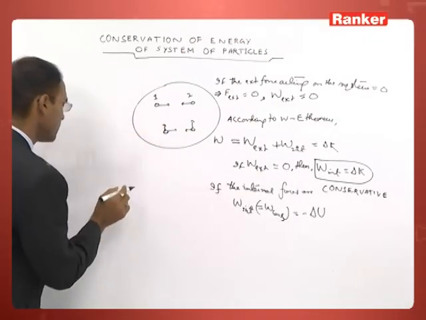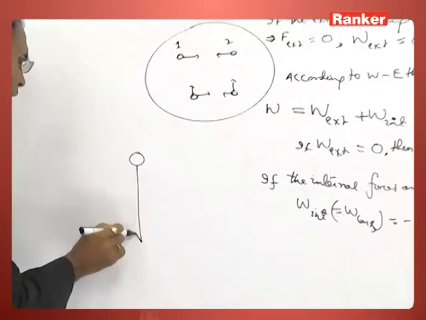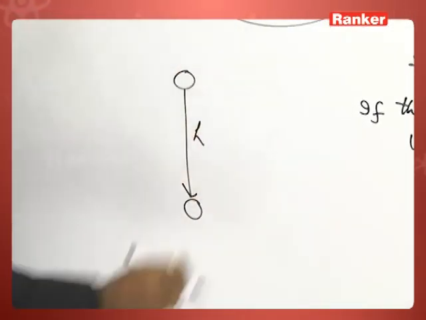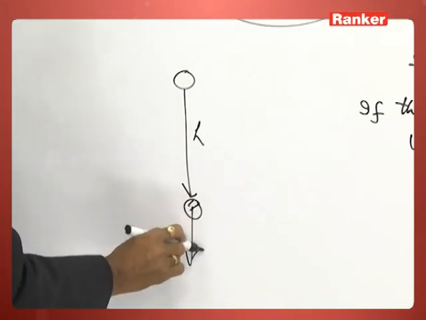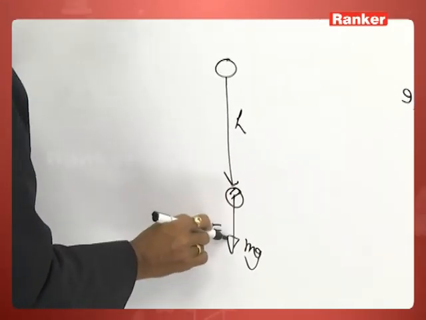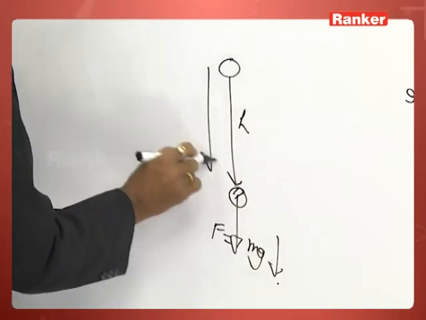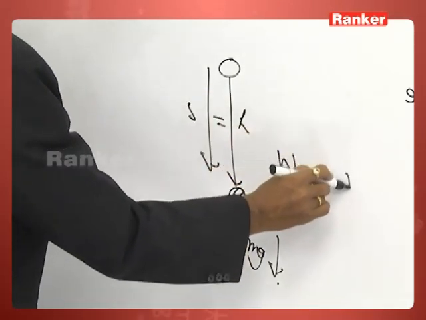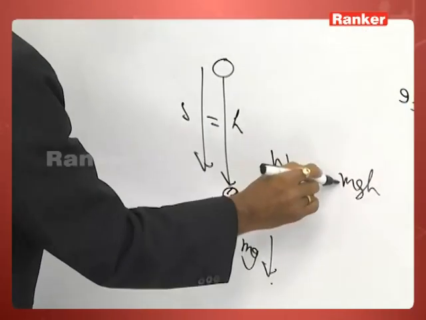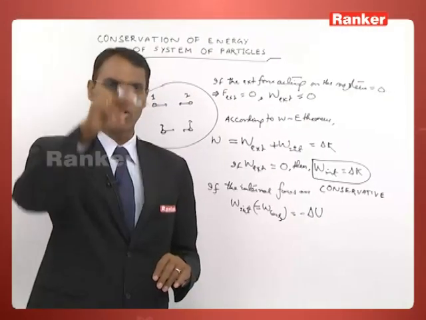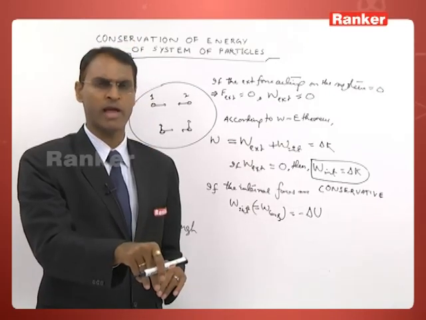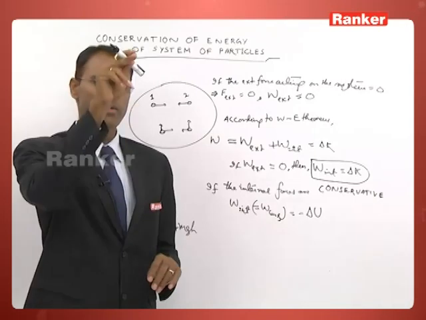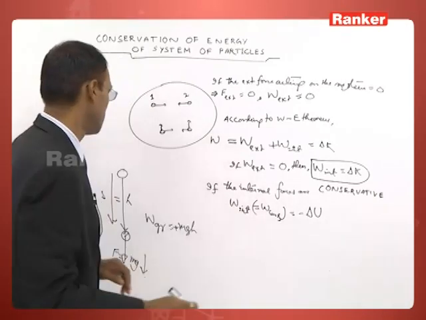Work done by gravity, when you lower an object through a distance h: gravitational force is mg downward, displacement is equal to h downward. Therefore, work done by gravity is equal to mgh, positive. While the body is undergoing a downward displacement h, what is the change of gravitational potential energy?